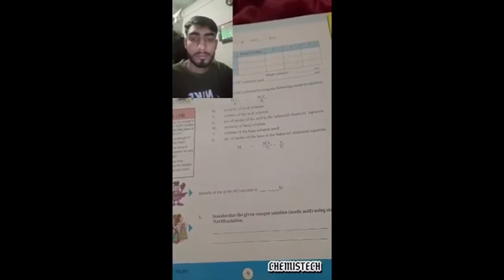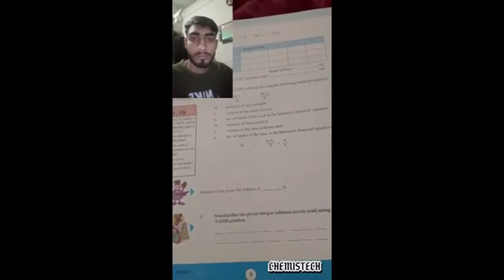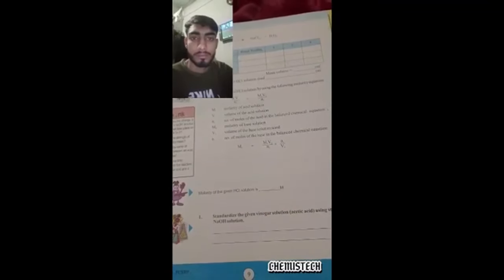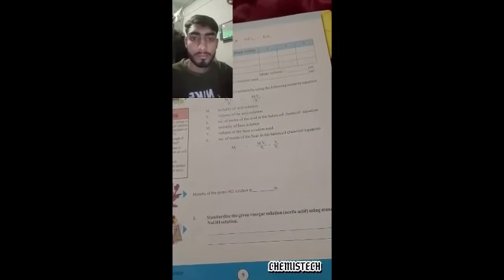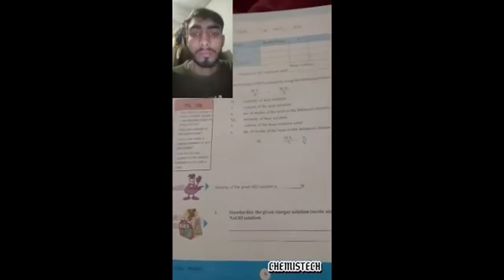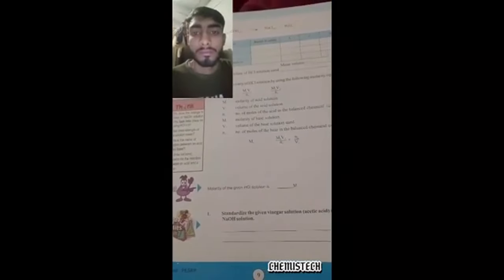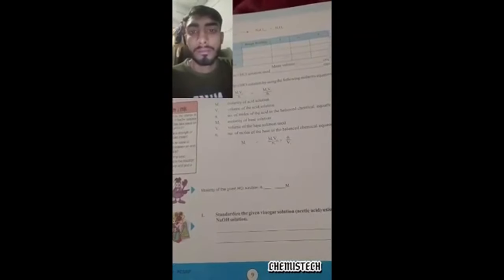M2 is the molarity of the base solution, V2 the volume of the base solution, n2 the number of moles of the base in the balanced chemical equation. M1 equals M2V2 by n2 multiplied by n1 by V1. The molarity of the given HCl solution is dash M.